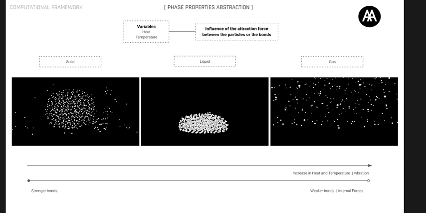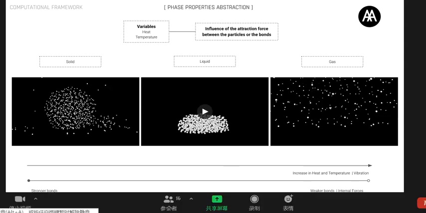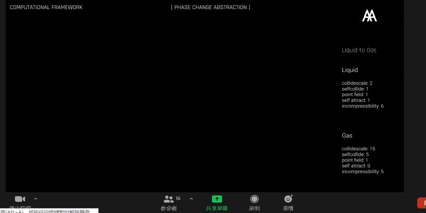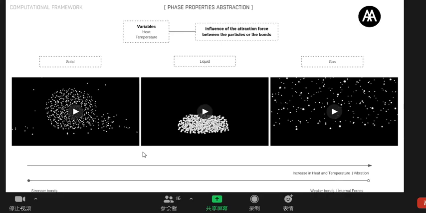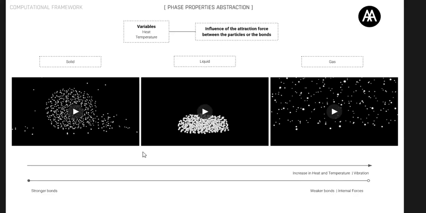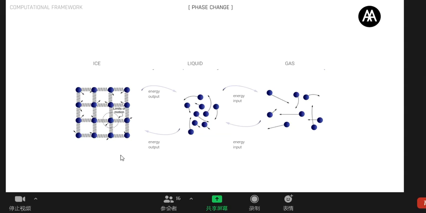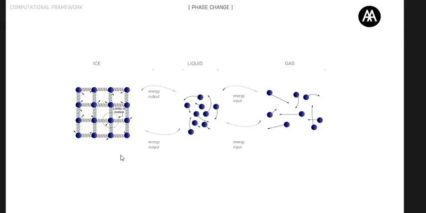If you go to the molecular scale, the particles are interconnected, right? Each water molecule has 3 particles: 2 hydrogen and 1 oxygen.